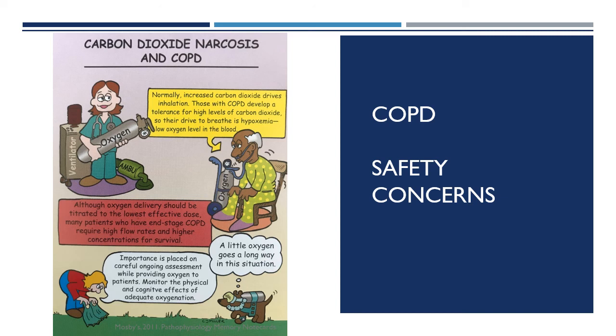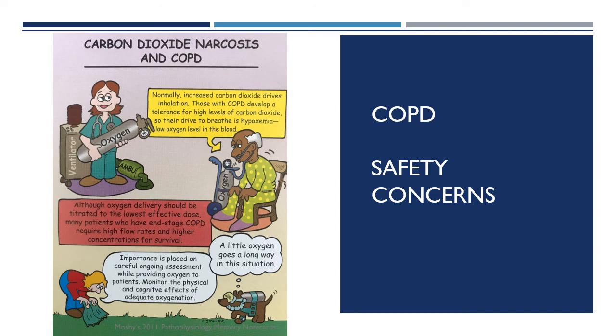So a patient with COPD often has elevated levels of carbon dioxide in their bloodstream because they're unable to clear the carbon dioxide due to alveolar damage. So what's making them continue to have a respiratory drive is their low levels of oxygen, their hypoxia, which is stimulating the brainstem to force them to breathe, right?